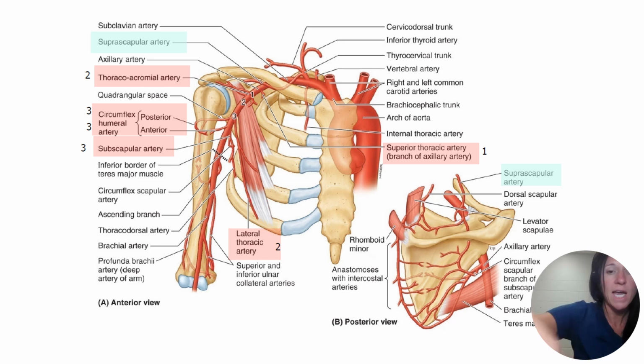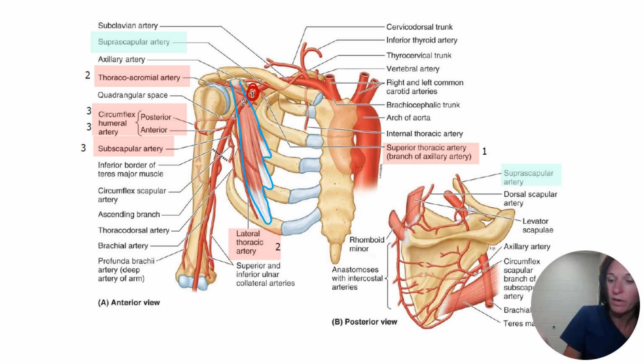Taking a closer look at our axillary artery, now we can see the 3 different parts. And again, we're going to use pectoralis minor to differentiate these parts. From the lateral border of the first rib, where subclavian becomes axillary, to the medial border of pectoralis minor, is the first part of the axillary artery.